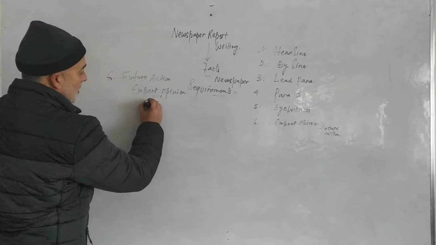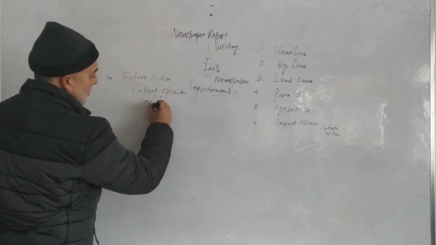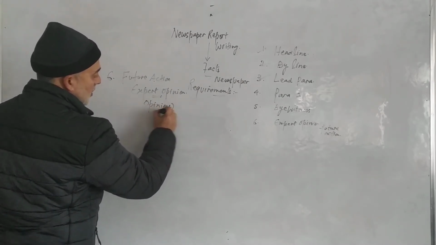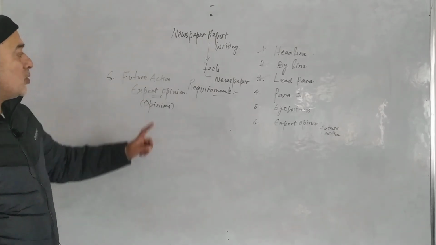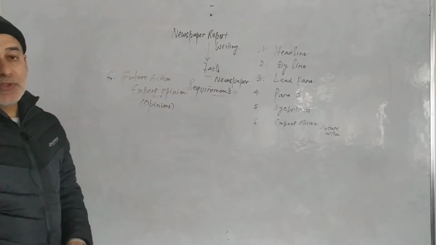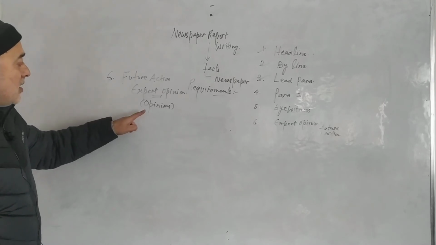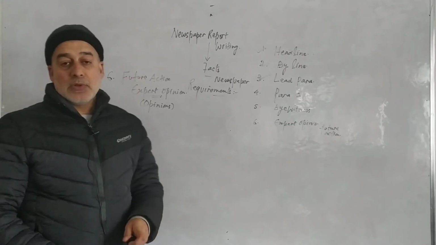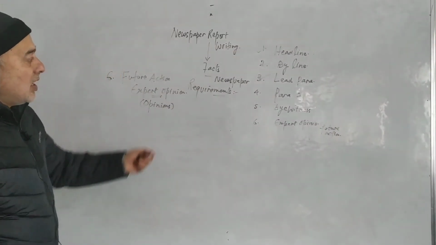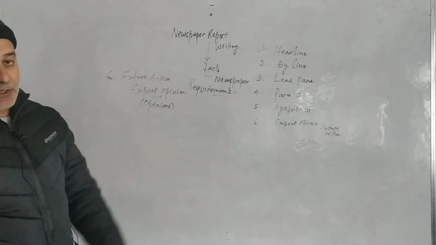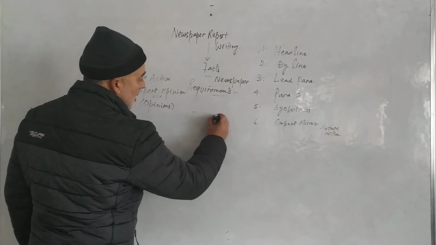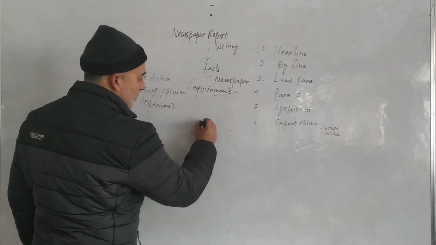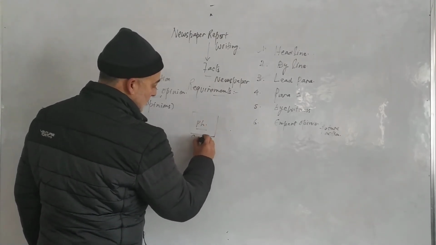You have to take their opinions. What should be the future action to stop such kinds of incidents? And then you can also make the people aware about the future plans of the authorities or the government through the newspaper writing. Apart from all this, you need a good photograph of the incident with caption.